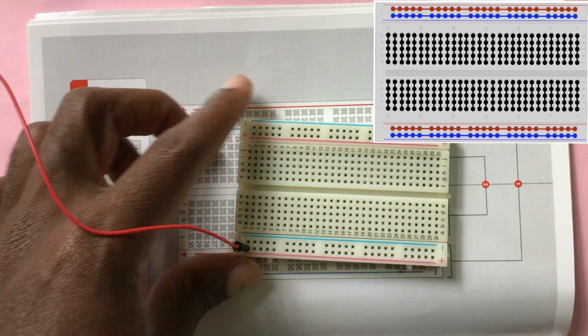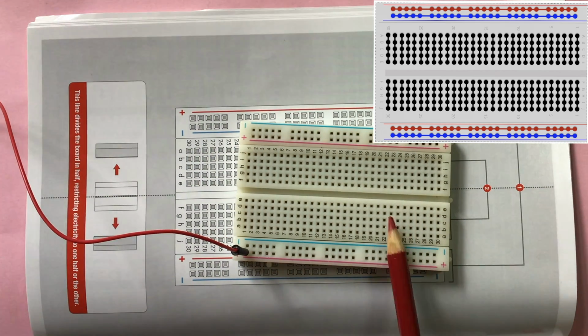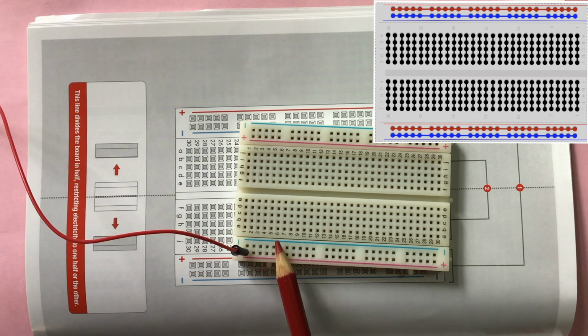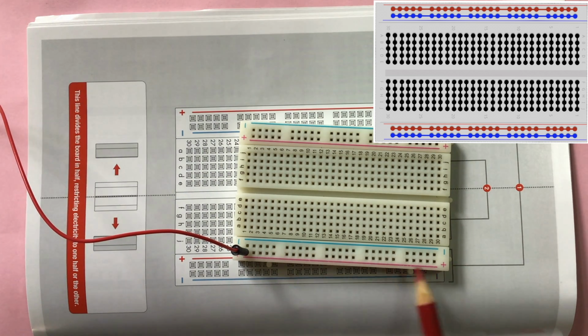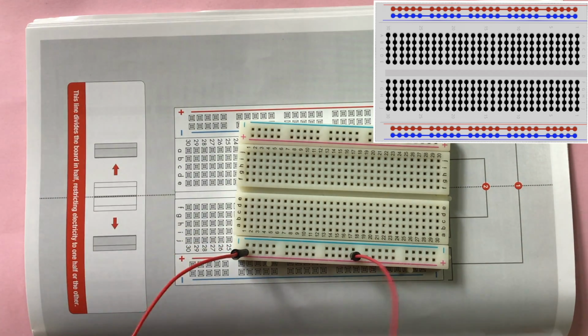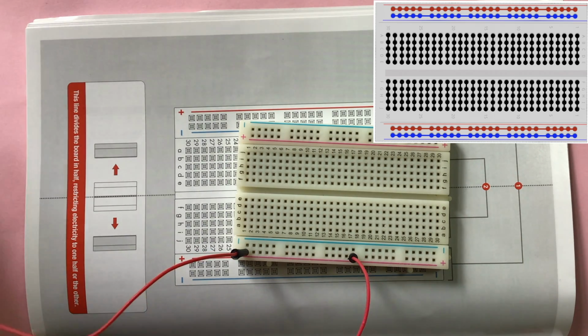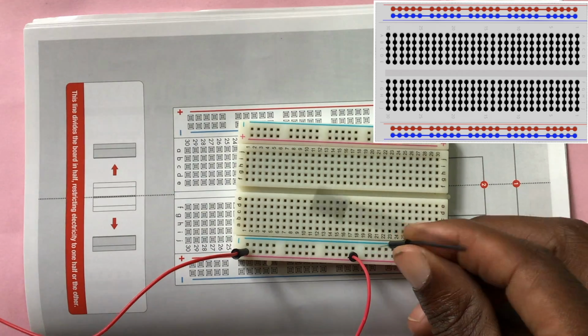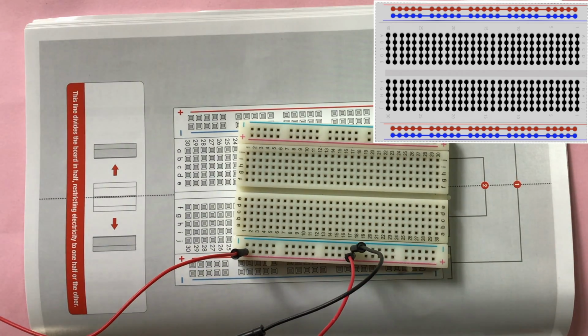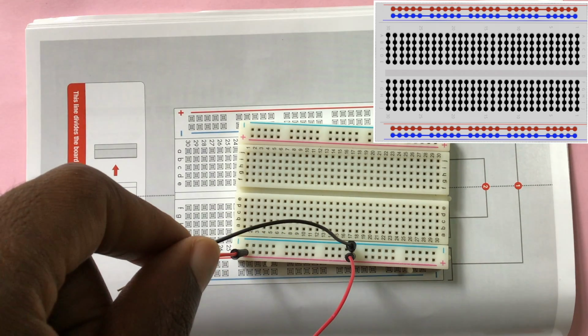With this one, what you really need to understand is that these connections at the end, these two lines that go up to this end, the plus and the minus, are connected. These two wires are connected. But if I put this wire just next to it, these two are not connected.